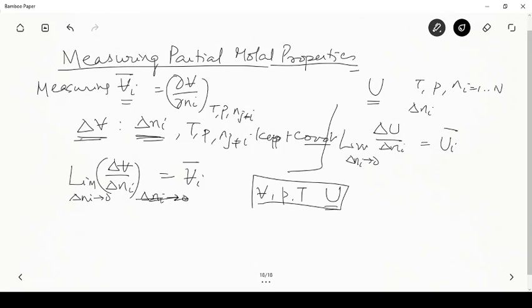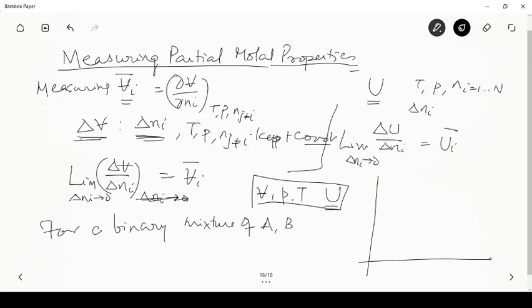So we use what is called the method of intercepts for a binary mixture of, let us say, A and B are the two substances. So what I try to do is to measure, suppose this is Xi, the mole fraction of, let us say, Xb.